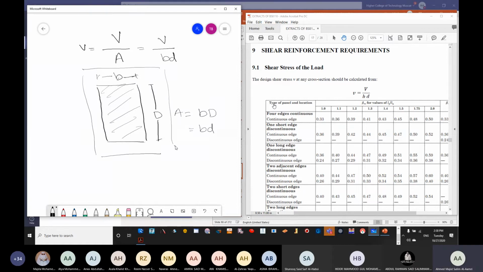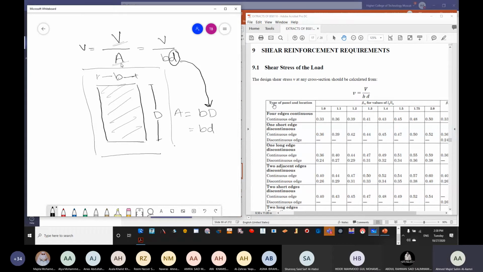Now we have said, according to our equation, it's shear force divided by the area. So now the question that you need to search for, so you will get more marks in your test number 1: why in the shear stress equation have we used D small and not D capital? Are we okay? Are we fine?